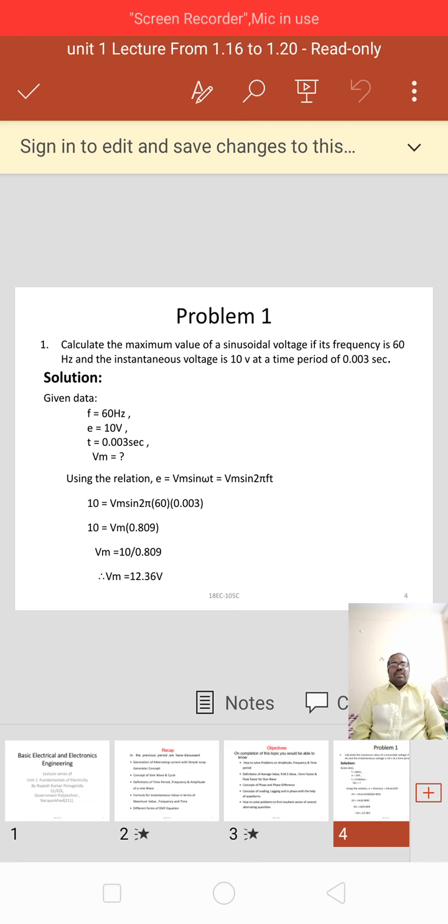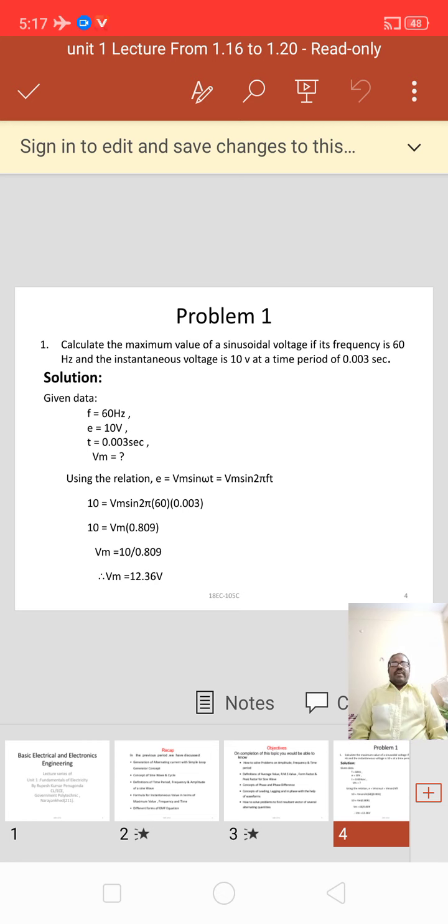Using the above relation, e equal to Vm sin omega t, we can change this into v equal to Vm sin 2 pi f t. Placing the values of given data, 10 equal to Vm sin 2 pi into 60 into 0.003, that is 10 equal to Vm into 0.809, so Vm equal to 10 by 0.809, Vm equal to 12.36 volts.